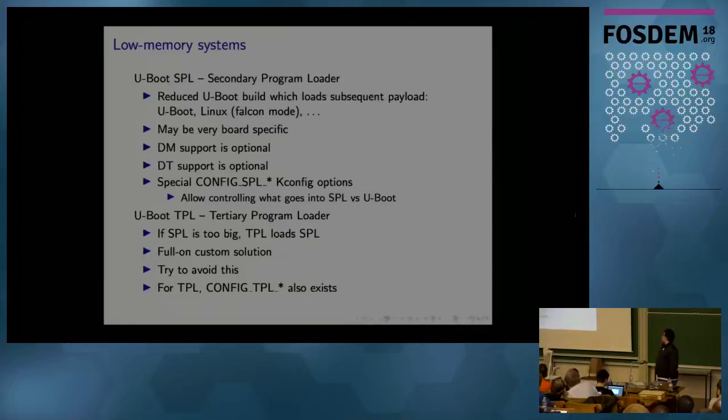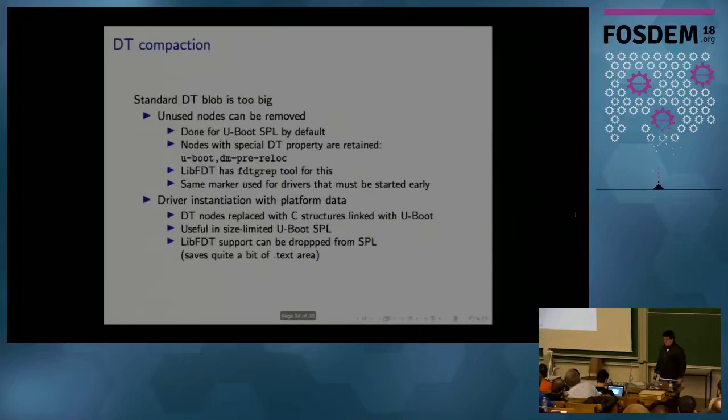That's not a problem. Now the other thing is, if you're using device tree in U-Boot SPL, it can trigger again some size limits. So what we do at this point is we compact the device tree blob. If you add the u-boot,dm-spl property to the device tree nodes, you will not remove those nodes when you compact the device tree for the SPL.